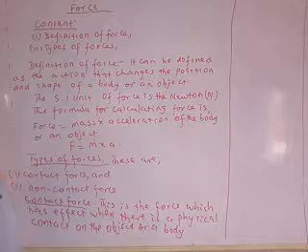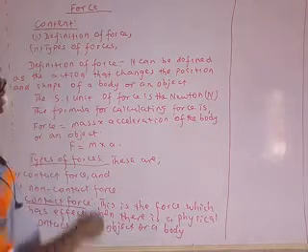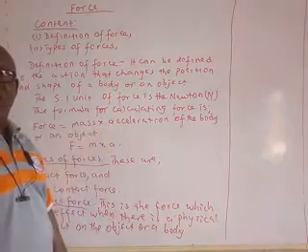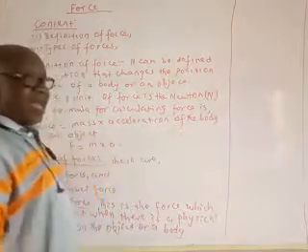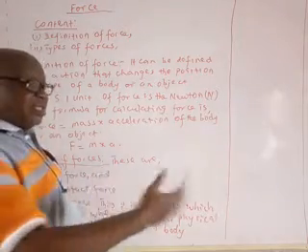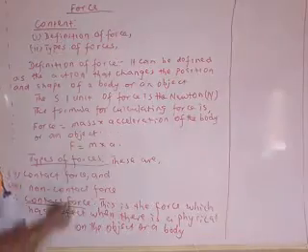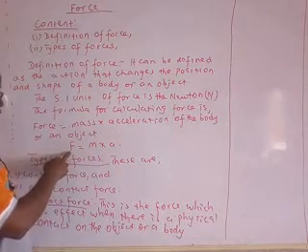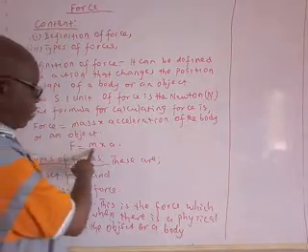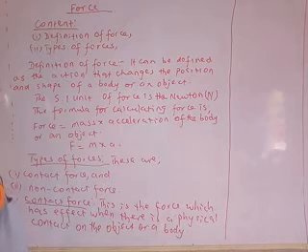The formula is force is equal to mass of the object times acceleration of the body. Acceleration is the distance which the body moves, and F, which is the force, is equal to m, the mass, times a, the acceleration of the body.